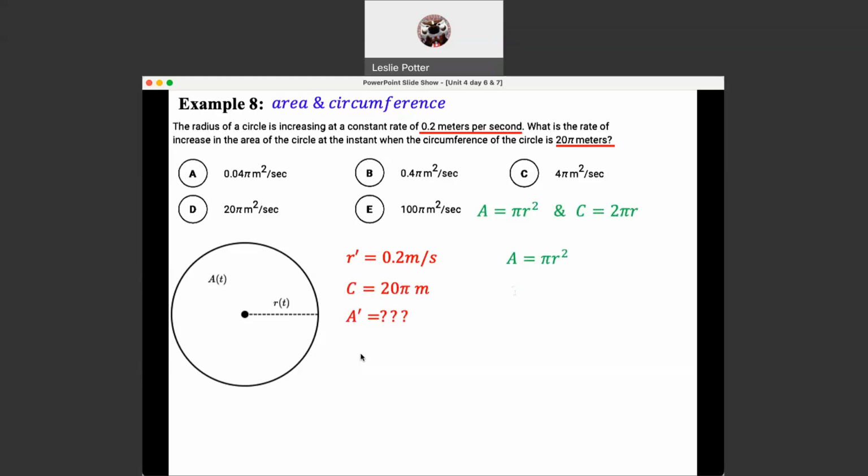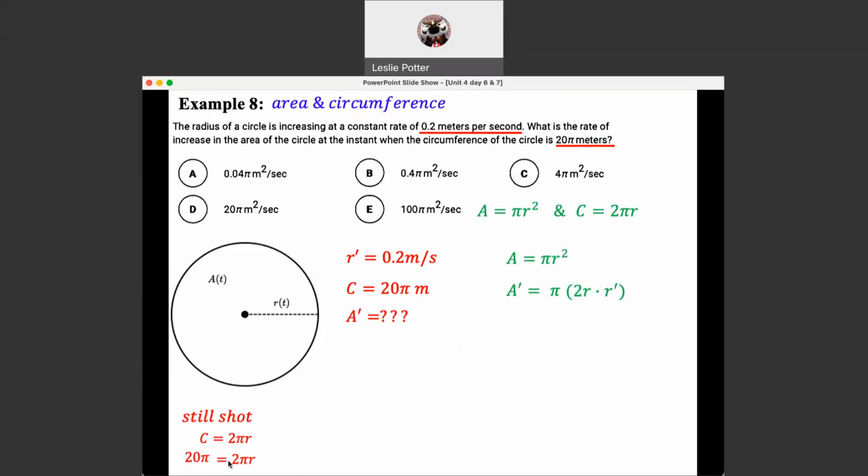And so I differentiate A, because it's asking me to find A prime, right? A prime is going to be pi times 2r r prime. That's the related derivative for r squared. And my still shot is going to be the fact that I am at 20 pi meters for circumference.